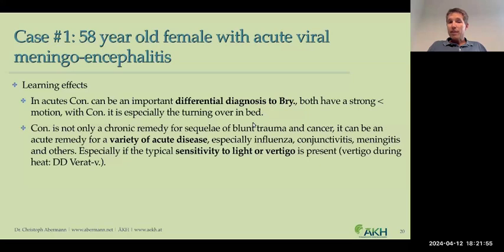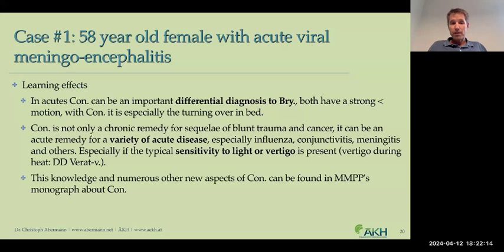It can be an acute remedy for a variety of acute diseases, especially influenza, conjunctivitis, meningitis, and others, especially if the typical sensitivity to light or vertigo is present. And we have to think about Veratrum viride also if vertigo is present during a fever as a differential diagnosis.